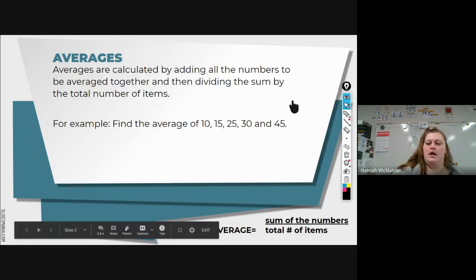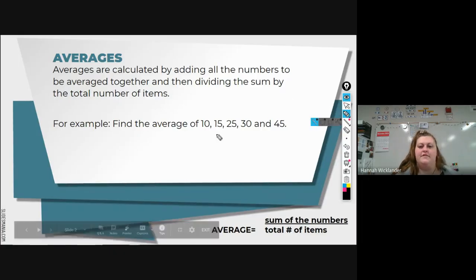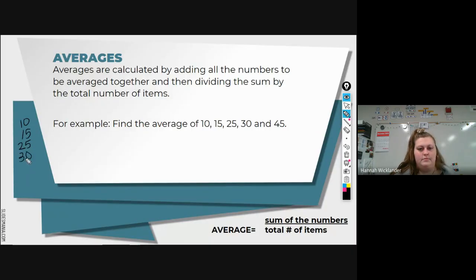For my first example, it says find the average of these numbers. First I'm going to add them together. You're welcome to do this on your calculator. I'm just going to do it by hand. And I get 125. So I added the numbers all together, step one done. To find the average, I'm going to take 125 and divide it by the total number of items.